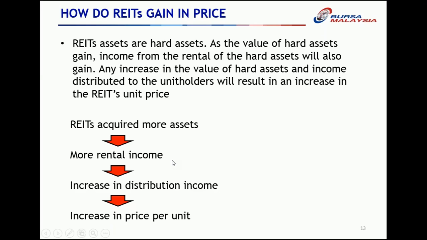There'll be an increase in rental income, and when there's an increase in rental income, of course, being 90% that must be distributed back to the unit holders, there will be an increase in the distribution income as well, and then this will push the increase in price per unit. Okay, this is how the evolution of a REIT is.